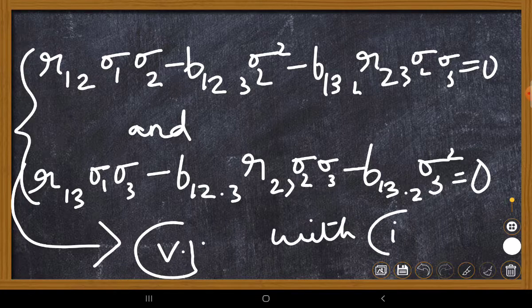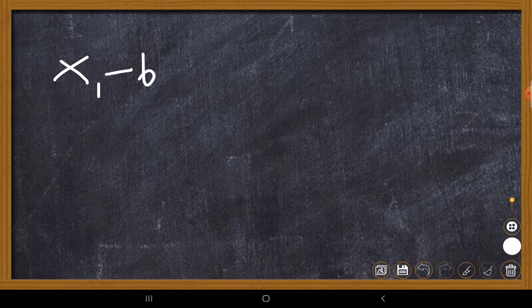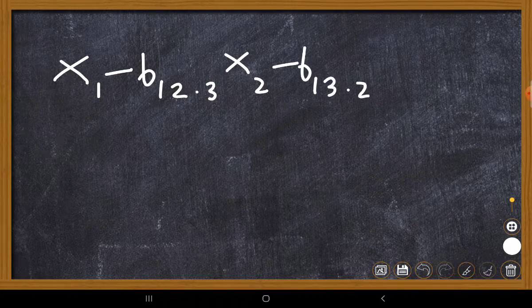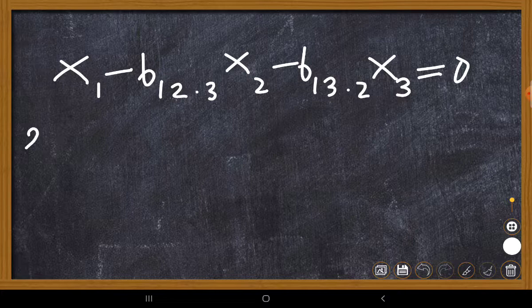So you go back to equation 1 and then you compare the two equations. Equation 1 can be written as x1 minus b12.3 x2 minus b13.2 x3 equal to 0.